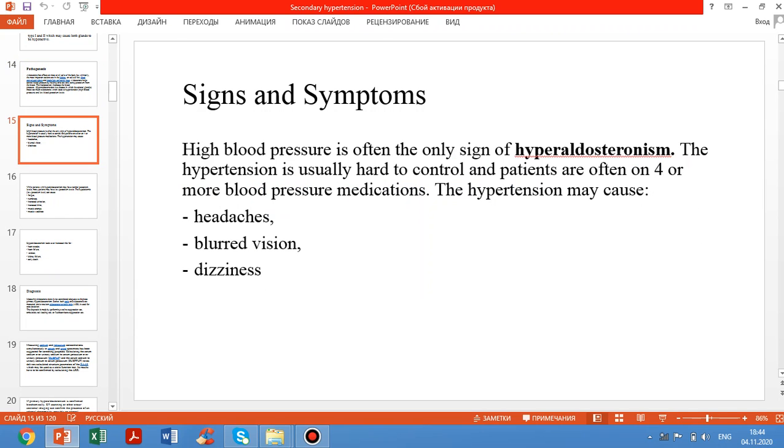Signs and symptoms. High blood pressure is often the only sign of hyperaldosteronism. The hypertension is usually hard to control, and patients are often on 4 or more blood pressure medications. The hypertension may cause headaches, blurred vision, dizziness.